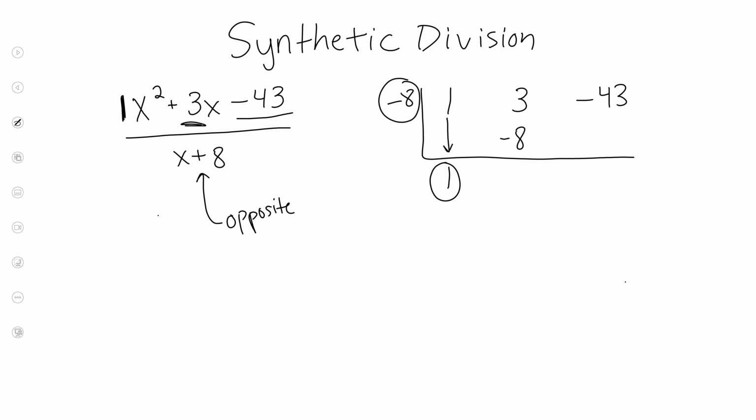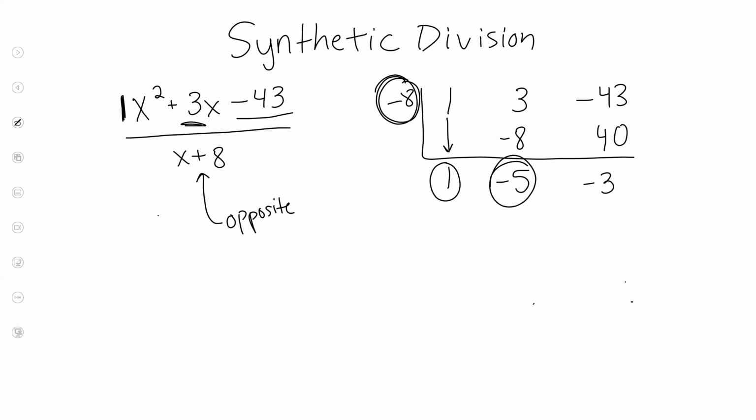So 3 plus a negative 8 is a negative 5. And we're going to repeat the process. So I'm going to multiply negative 8 times negative 5, which is 40. You put your answer right there, and then we add these together. So negative 43 plus 40 is negative 3.